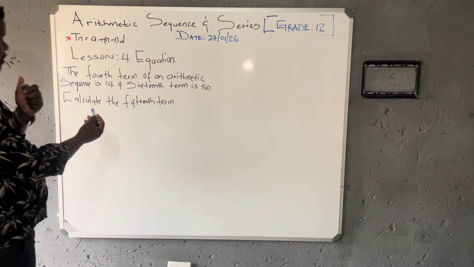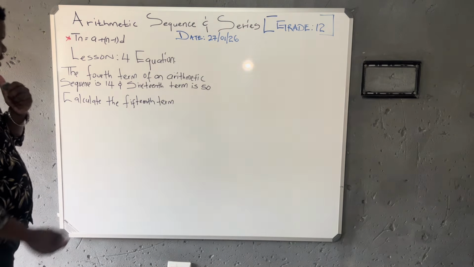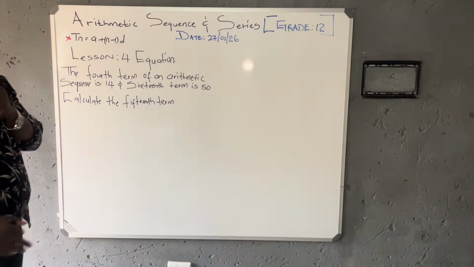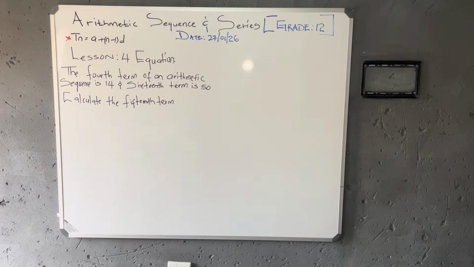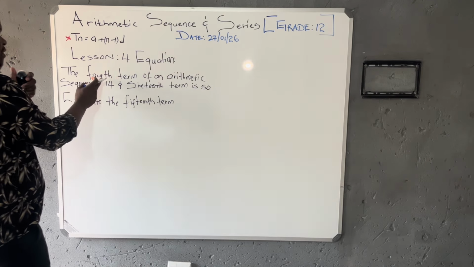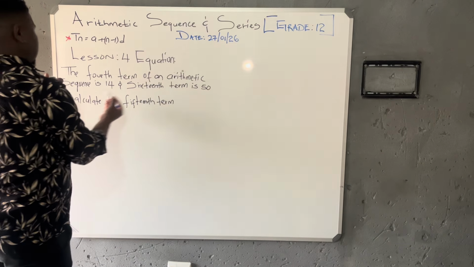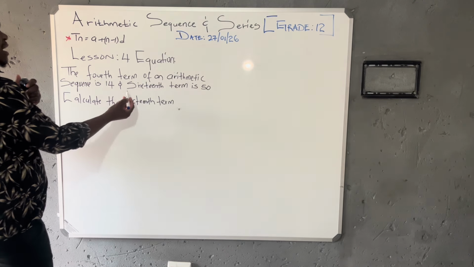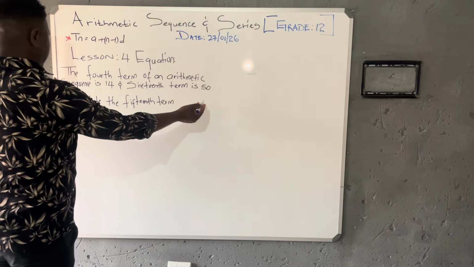Where we are given a statement or data like this, which we have to convert into equations. Now, let's look at the values. The most important part here, we are having, let's say, the fourth term of an arithmetic sequence is 14 and the 16th term is 50.